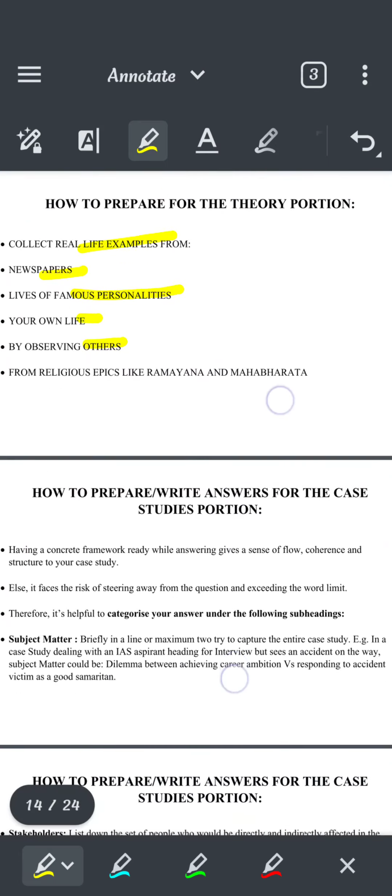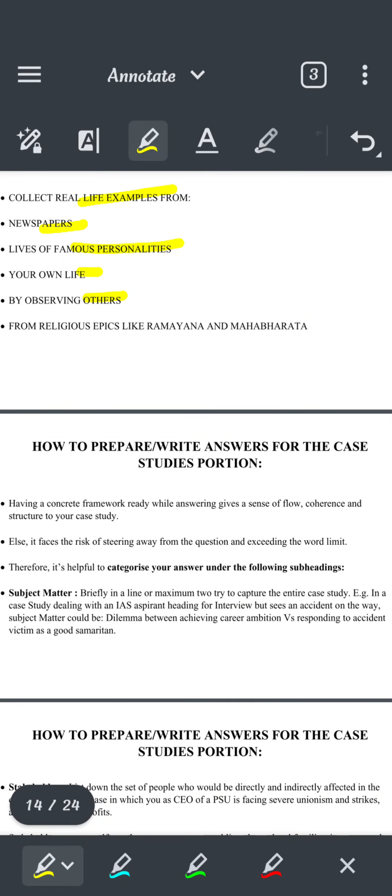Okay. So now we'll discuss how to prepare and write answers for the case studies portion. Having a concrete framework ready while answering gives a sense of flow, coherence and structure to your case study. Else it faces the risk of steering away from the question and exceeding the word limit.